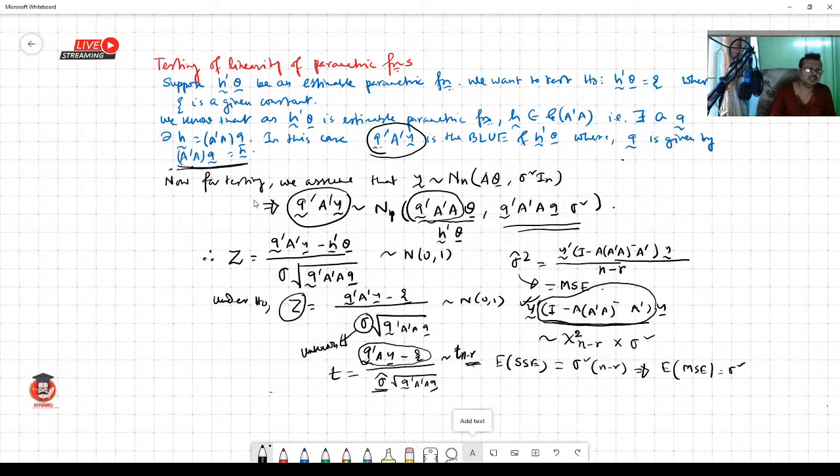We reject h naught at level alpha if and only if mod t is greater than t alpha by 2, n minus r, otherwise accept it.